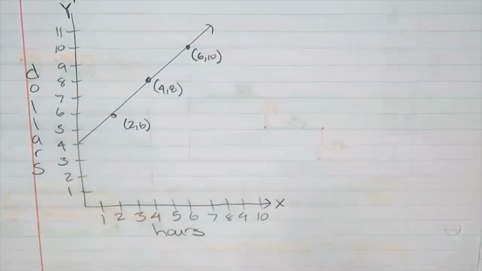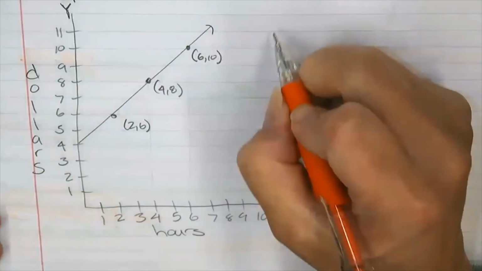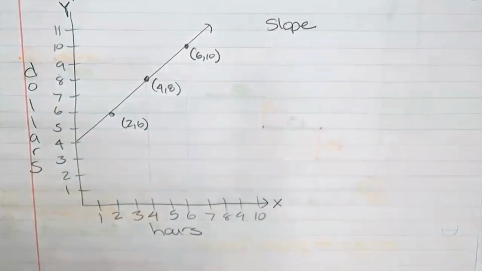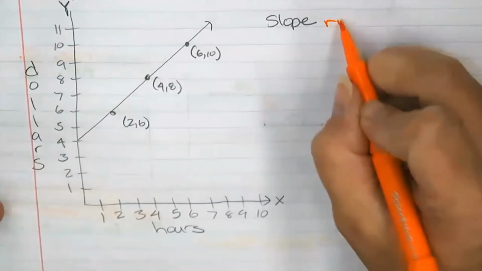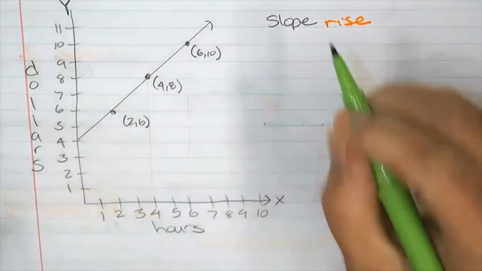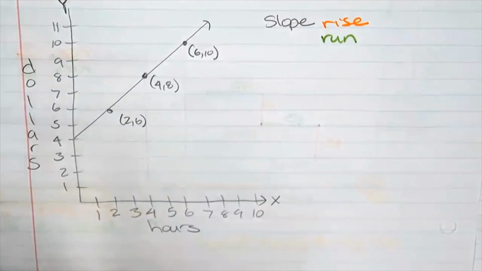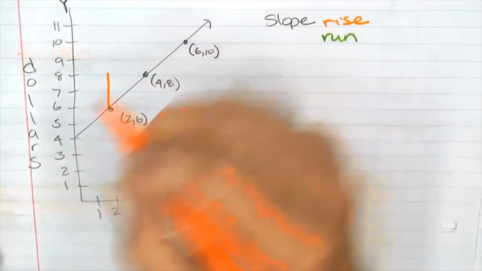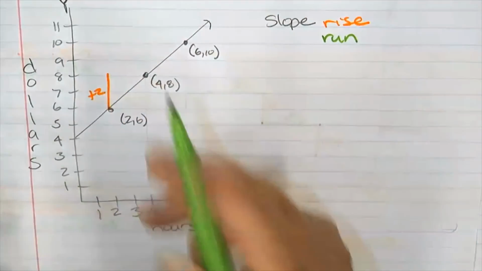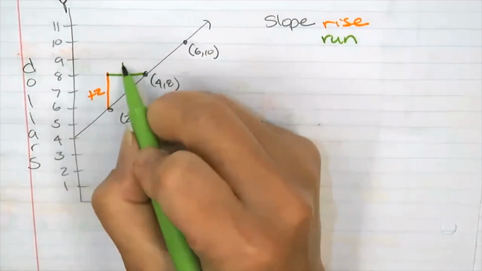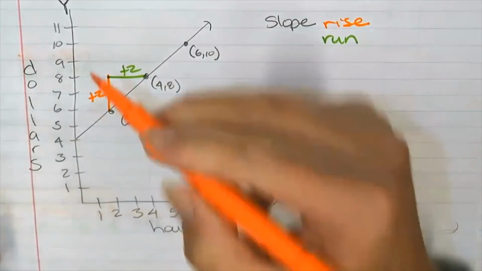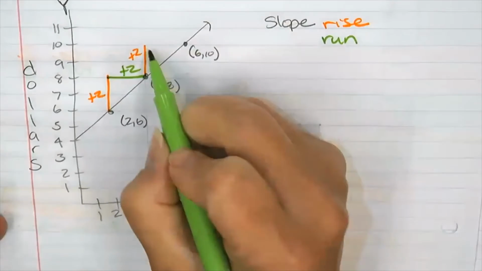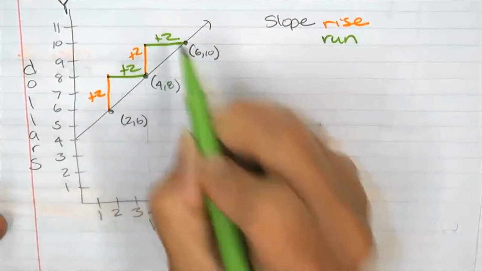So let's take a look at the things we do know. Let's take a look at the slope. We know that the slope is the rise over the run. So let's do that. We are going up 2, over 2. We are rising 2, and we are running 2.